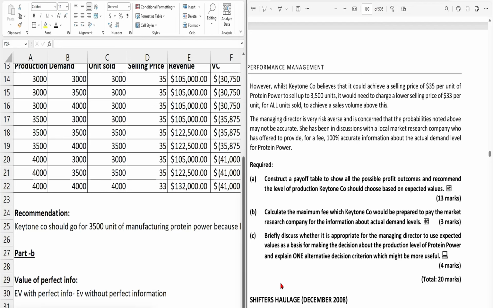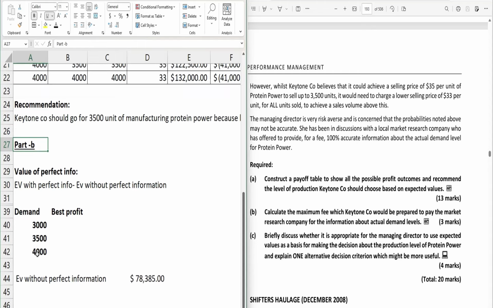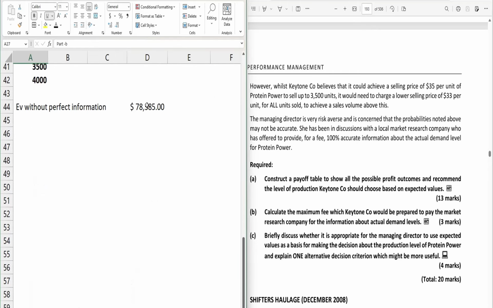And what is the formula for the value of perfect information? It's expected value with perfect information minus expected value without perfect information. So it's simply the difference between the expected value with perfect information and the expected value without perfect information. In part A, we calculated the expected value, and that was the expected value without perfect information.